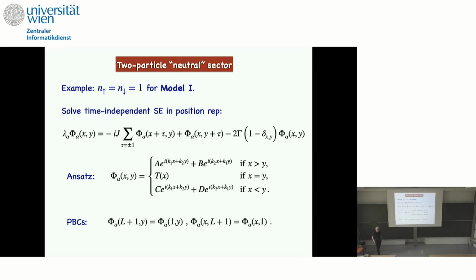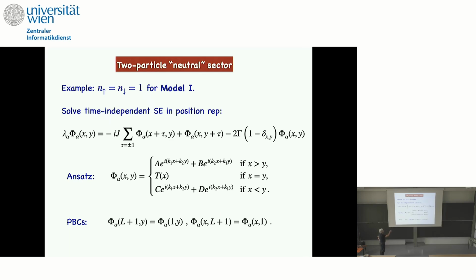That's a very old problem. It was solved in 1967 by Flicker and Lieb, basically, for the Hubbard model, and what we do here is completely analogous, but I'm just going to take you through it. This is the time-independent Schrödinger equation.